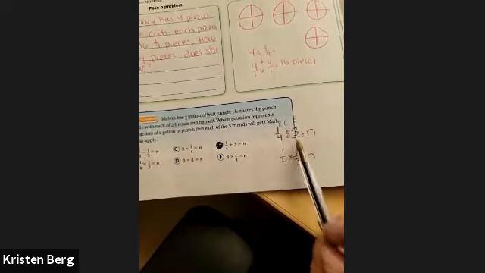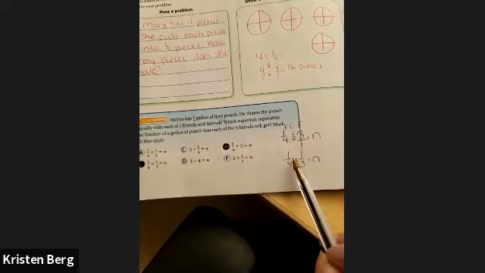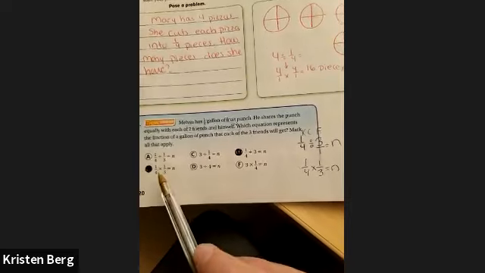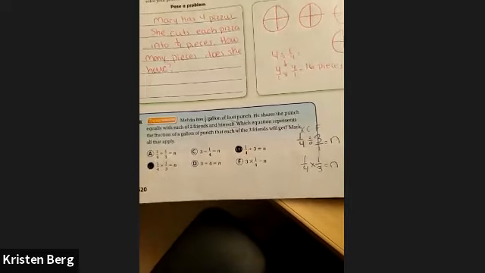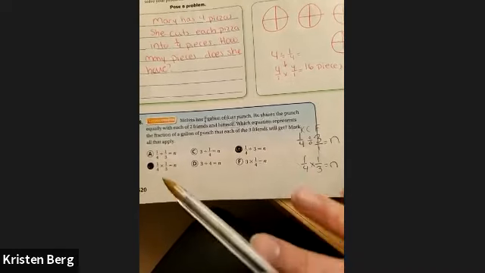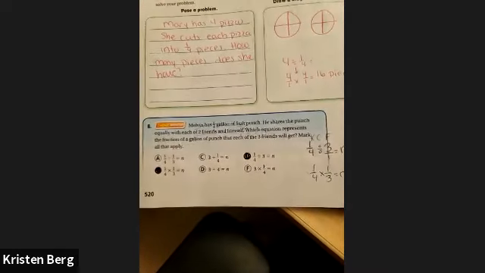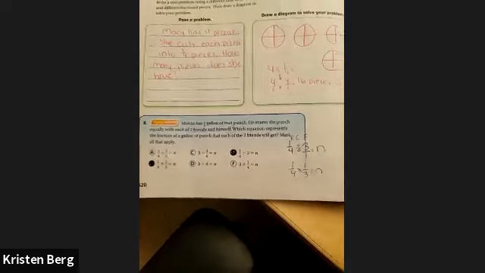So these are the only two that would be giving you the same answer. So it would have been these two right here, B and E, as your answers for this. And that is how you would do that.